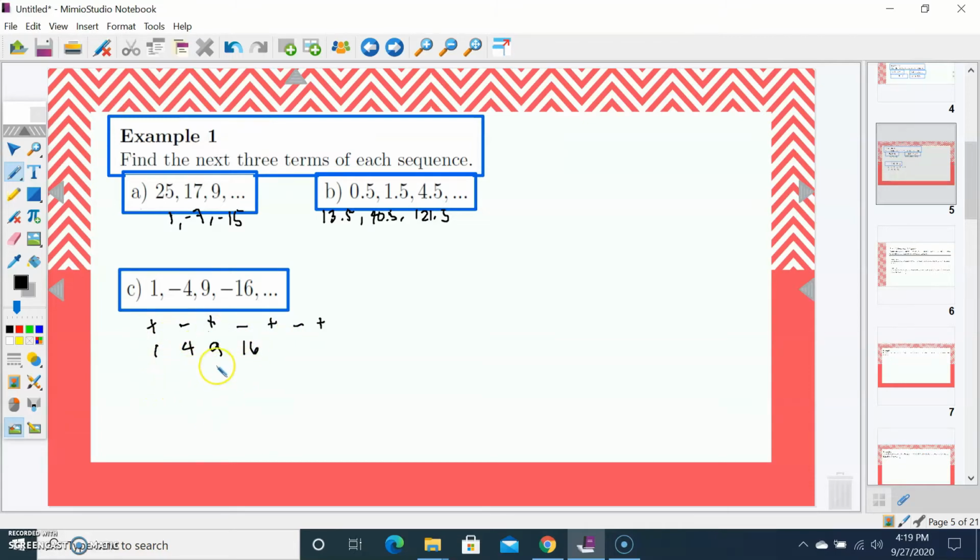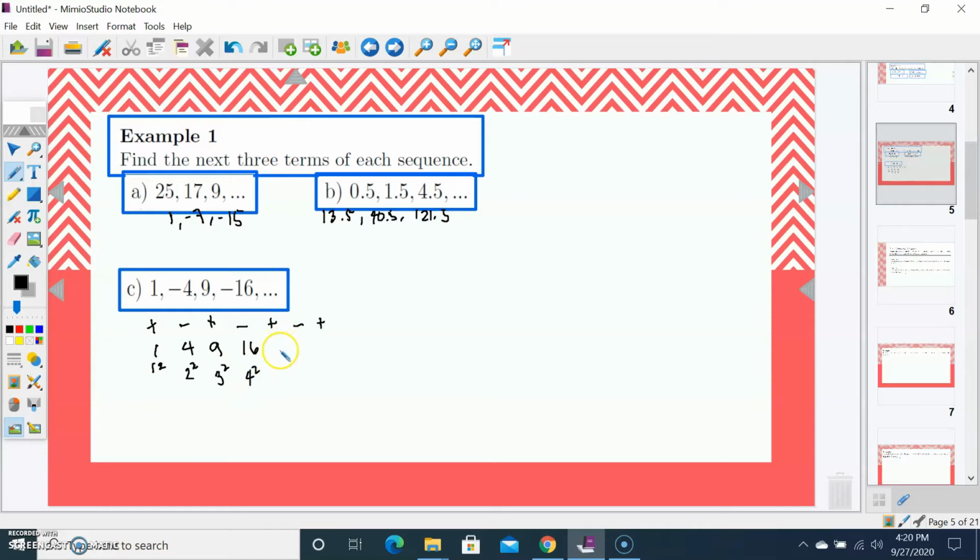This one is just the square numbers. So we can rewrite 1 as 1 squared, 4 as 2 squared, 9 as 3 squared, and then 16 as 4 squared.